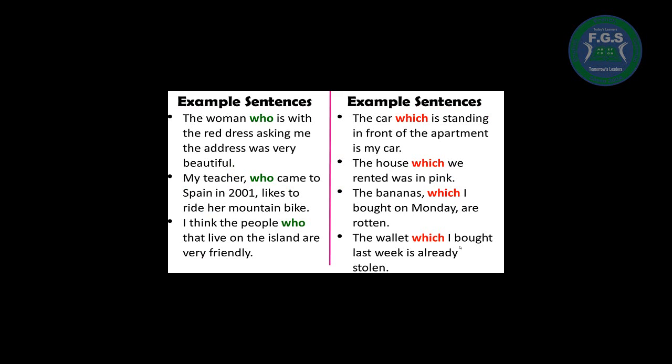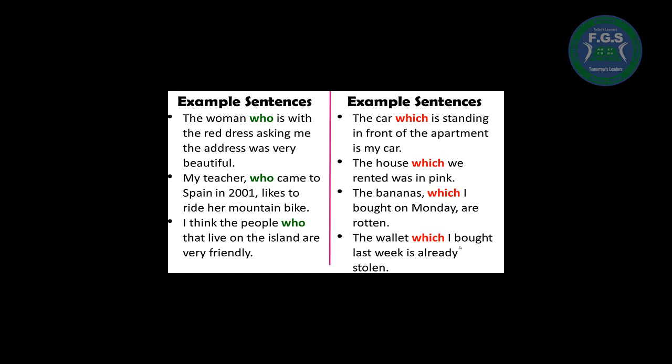The woman who is in the red dress asking me the address was very beautiful. Number 2. My teacher who came to Spain in 2001 likes to ride her mountain bike. Number 3. I think the people who or that live on the island are very friendly.